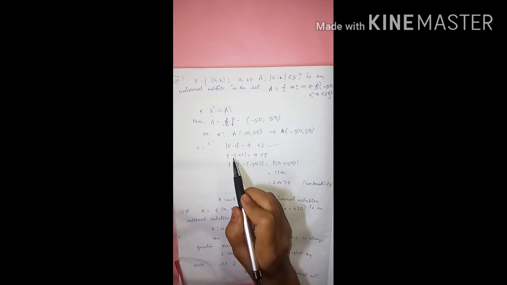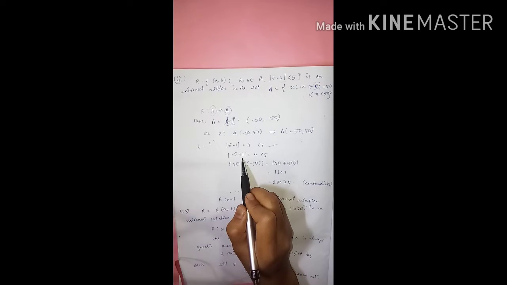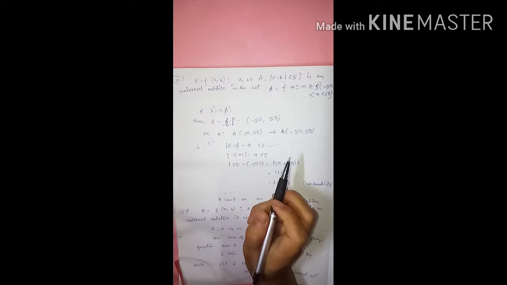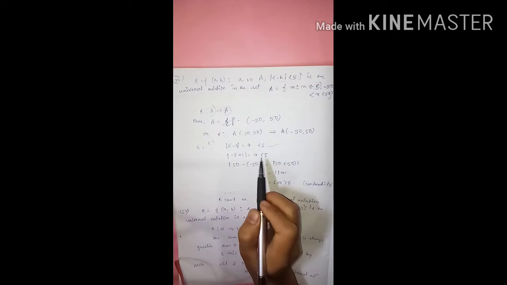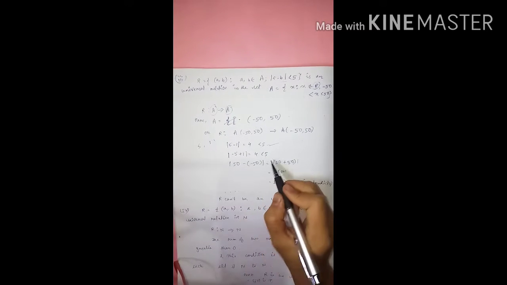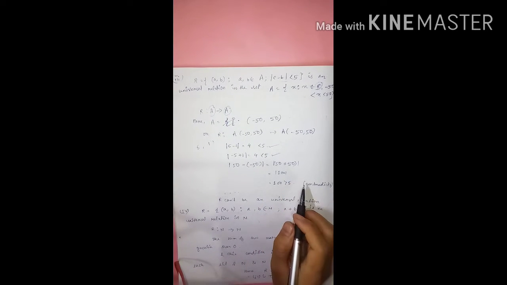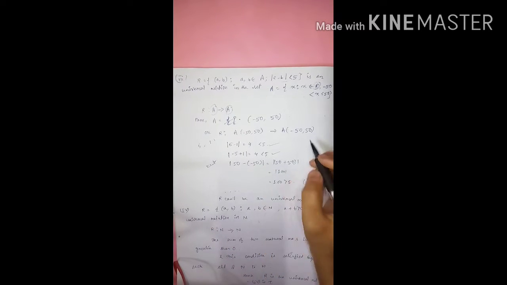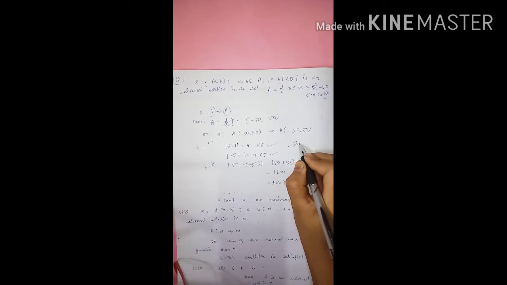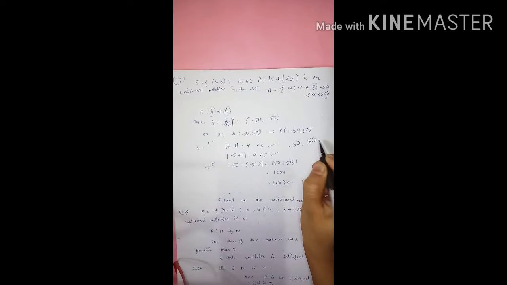Similarly, minus 5 plus 1 equals minus 4, but we have the modulus symbol, so the value will be plus 4, which is less than 5. This is also satisfied.